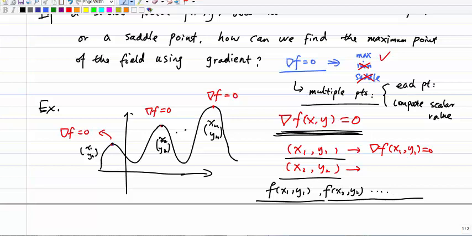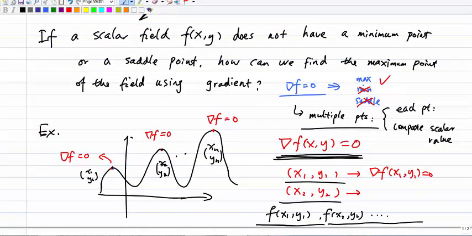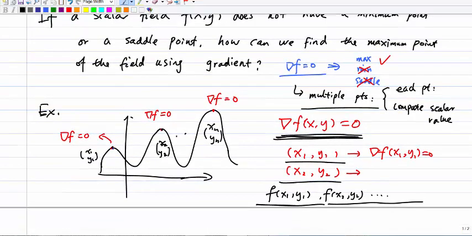So basically, if the scalar field does not have a minimum point or a saddle point, then in order to find the maximum point of the field, here are the steps. First, compute the gradient of f(x, y) and set it to 0, so you find x1, y1, and x2, y2, and so on.